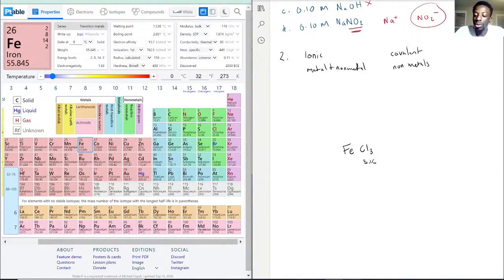So your ranges go for non-metal covalent bond, not non-metal, non-polar covalent. The range is typically 0 to 0.4. Okay? For polar covalent, it's typically 0.4 to 1.6, around there.